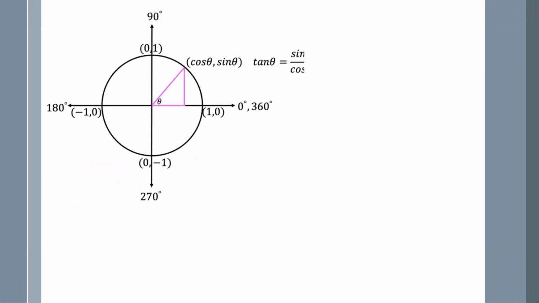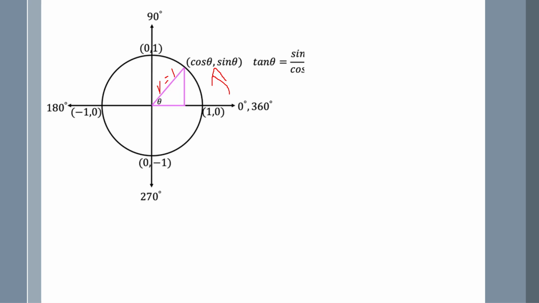So here's the circle when we start drawing it. We worked with 0, 90, 180, 270, 360, going all counterclockwise. We did our basic trig ratios building upon this fact, so being r equals 1, we build our trig ratios from there.